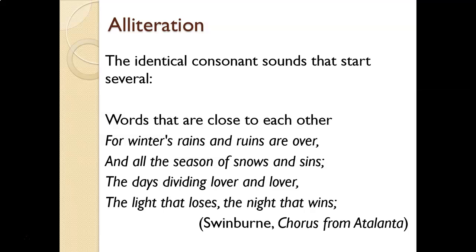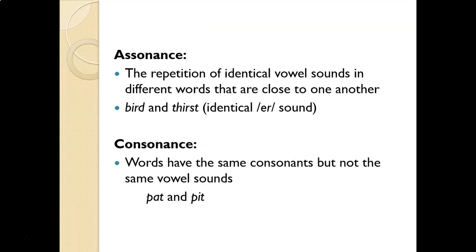In the second, you have the sa sound of s, closely placed: season of snows and sins. In the third, we have the da sound and the la sound closely placed. So when this happens somewhere in a line, we call it alliteration. I hope it's clear now.